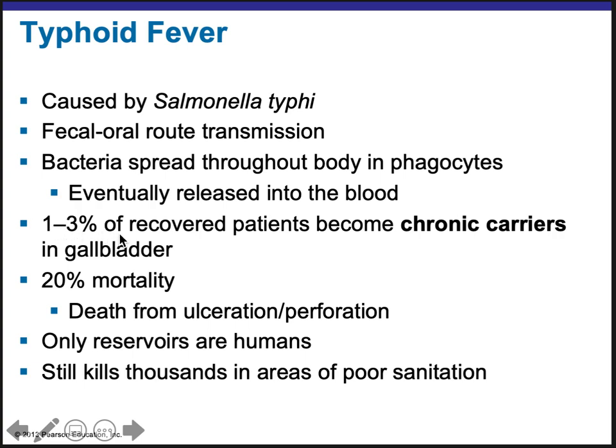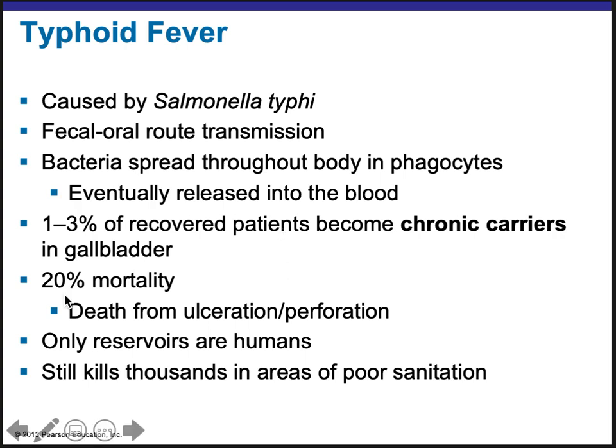So only a small amount of people will be carriers, but it's enough to, as far as we know, humans are the only reservoir. So 1 to 3% of all infected people become the reservoir, and it continues to exist for this reason. Okay, so we do have the potential to eradicate this if we could get, in the endemic regions, everyone vaccinated.